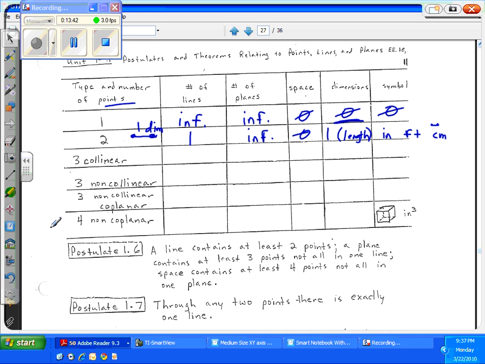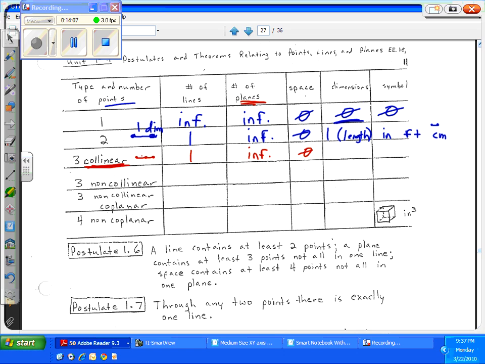Now, when we take 3 collinear points, the very definition of collinear says we're still in a line, so we still have 1 line. It takes non-collinear points to get a plane, so we still have no plane determined, so there's still an infinite set that would hit it.